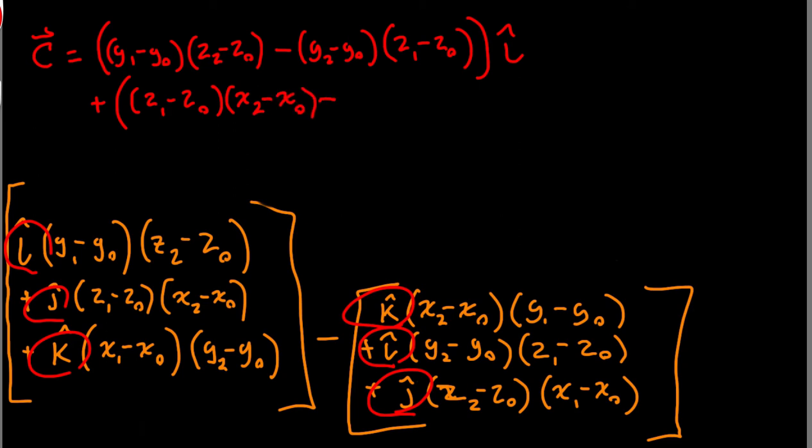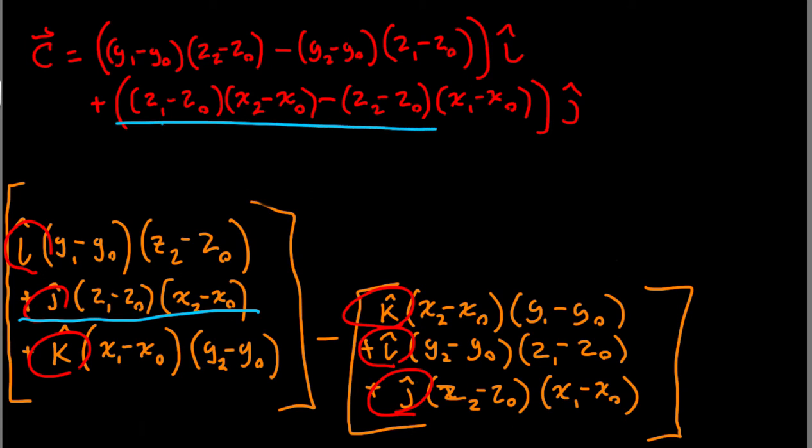Then we subtract this thing down here: (z2 minus z0) times (x1 minus x0). And that is our j term. I should even probably color code these. J, we'll keep, and I'm going to make k green, and k is going to be the next one.